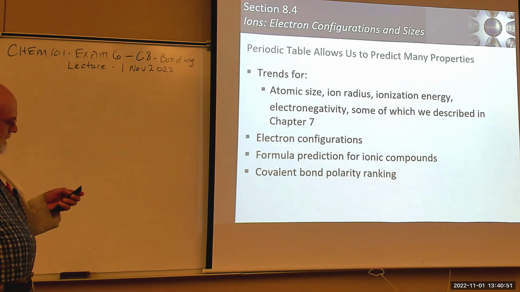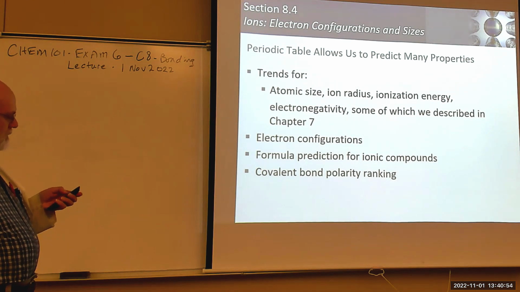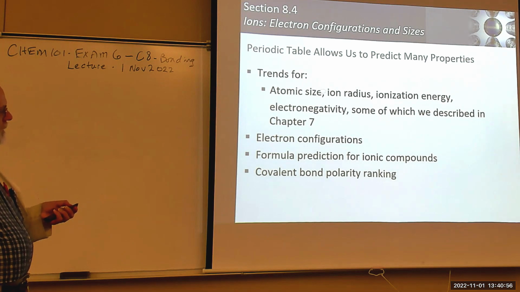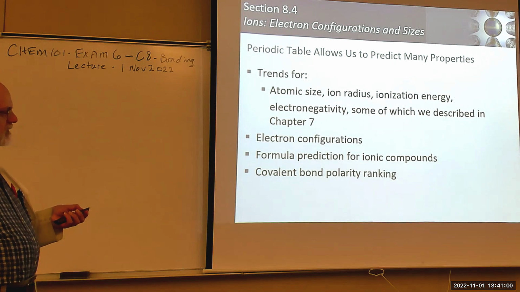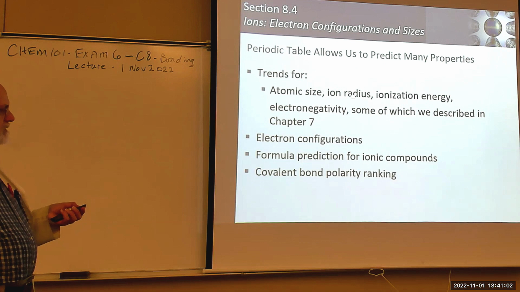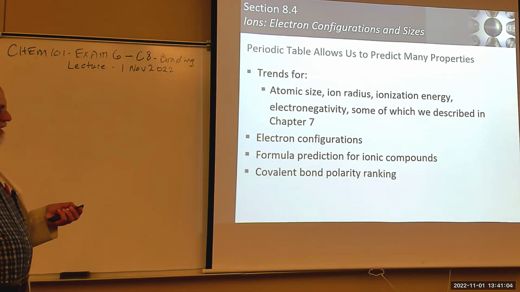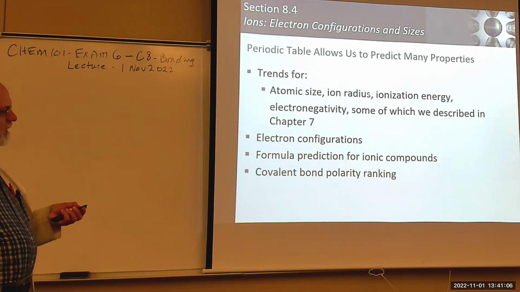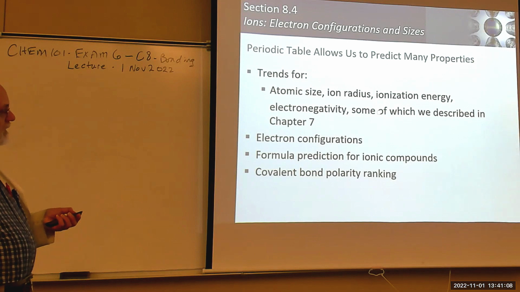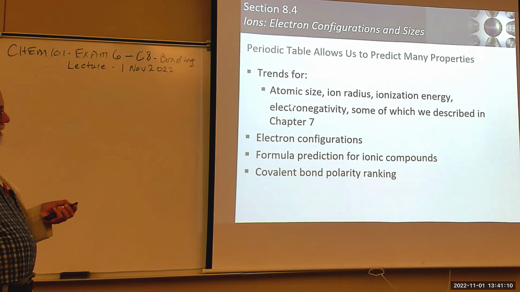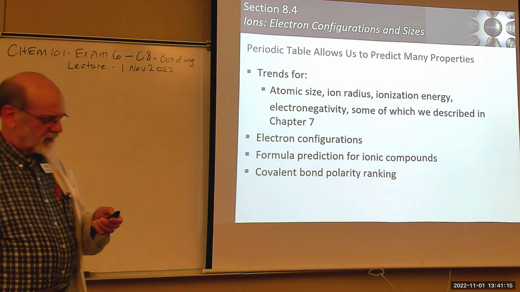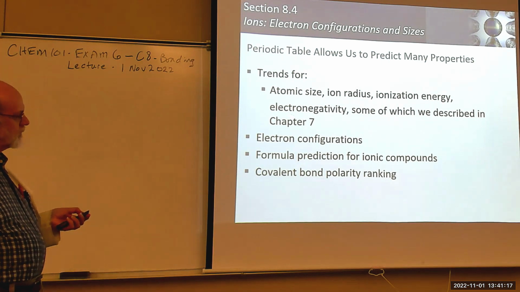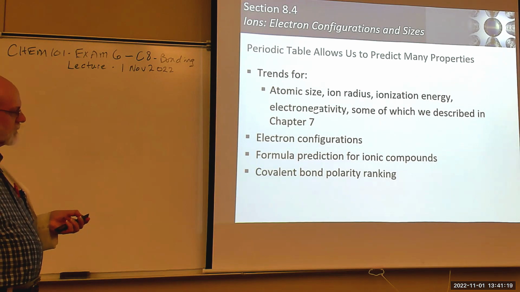Okay, we've looked at these trends for atomic size. We didn't look at ion radius per se. There may have been a review question on that. Ionization energy, we looked at that. We know electronegativity now. I left out electron affinity, but electron affinity is sort of second cousin to electronegativity.